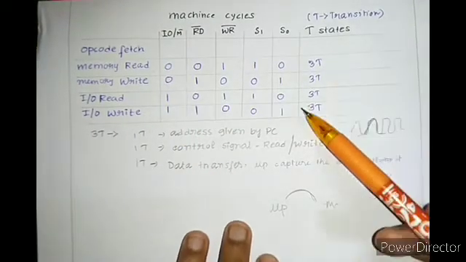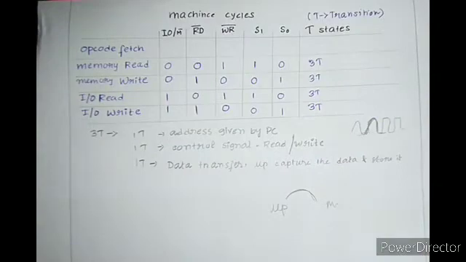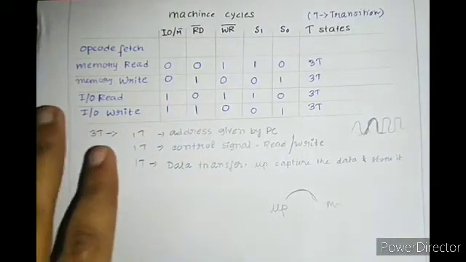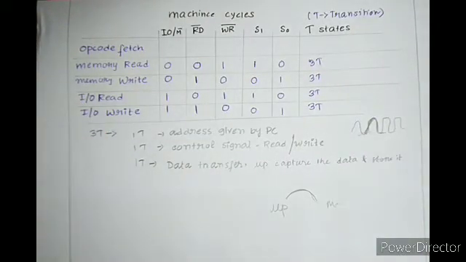Now, how are these T states calculated? Let's see. Memory read means, suppose I have some data in my memory and my processor wants to read that data. How many clock pulses do we need, or how much time do I need to perform this machine cycle?